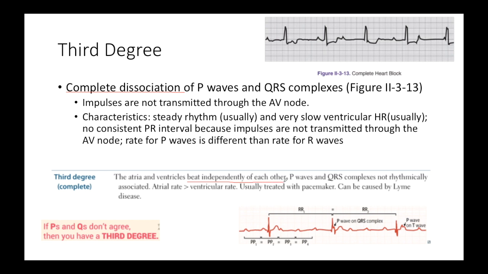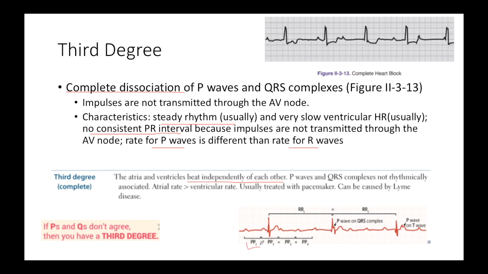The rhythm is usually steady, and the heart rate is usually very slow in the ventricles. The PR intervals aren't exactly consistent. And again, like I said, they're not transmitted through the AV nodes, so the rate for the P waves is going to be different than the rate for the R waves.